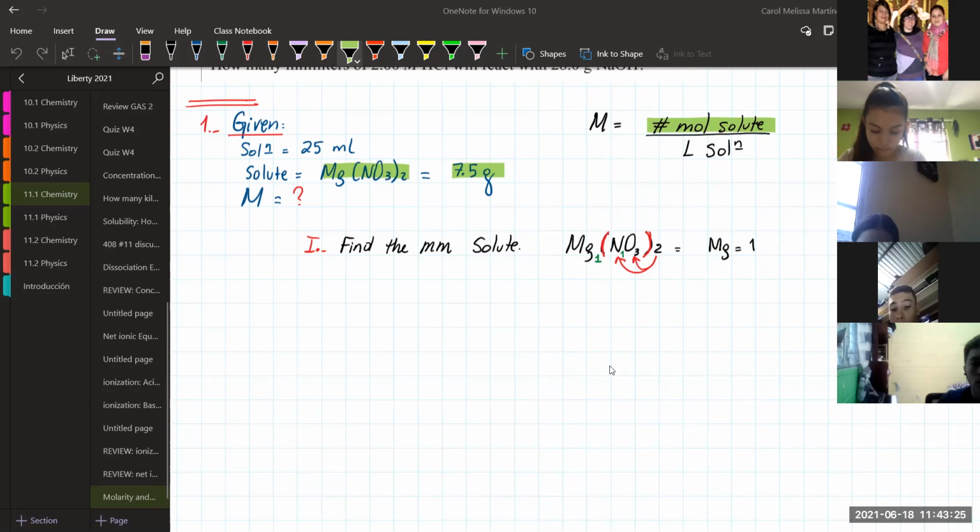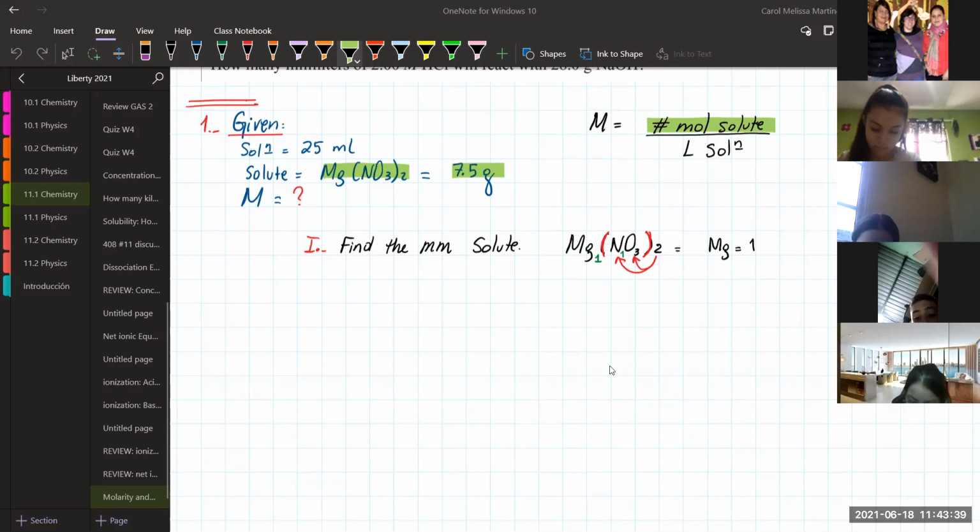What is the molar mass of the element magnesium? 24.3. Did you find the molar mass? According to my periodic table, I know that the molar mass is 24.305 grams.